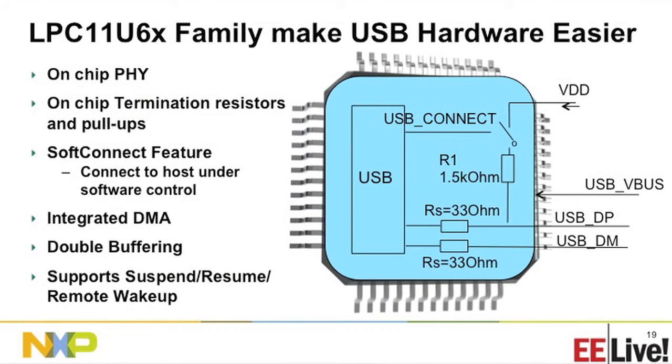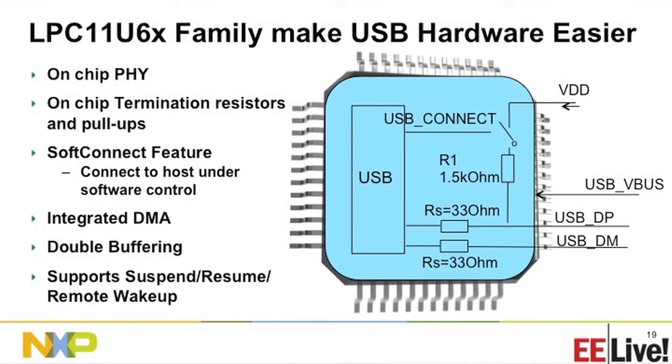So here we summarize the hardware features that can make the USB design easier on this part. We have an on-chip PHY, and in addition, for full speed operation, for all of the other parts, we need a termination resistor of 45 ohm.